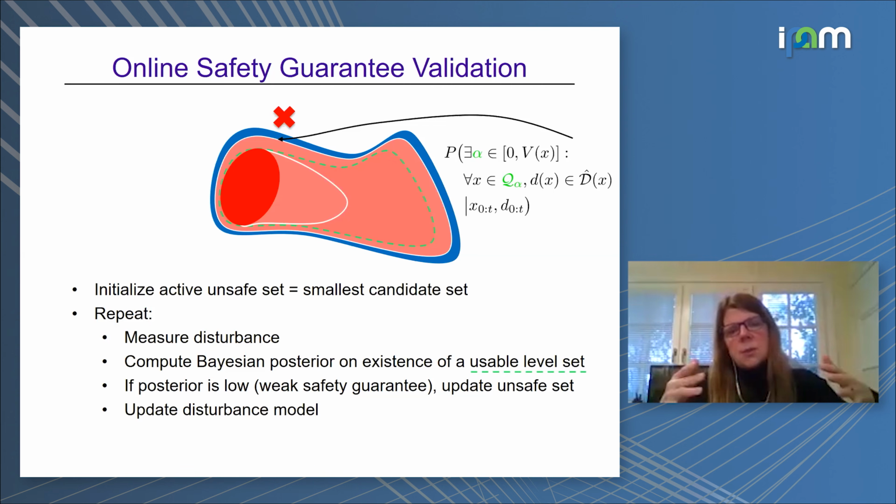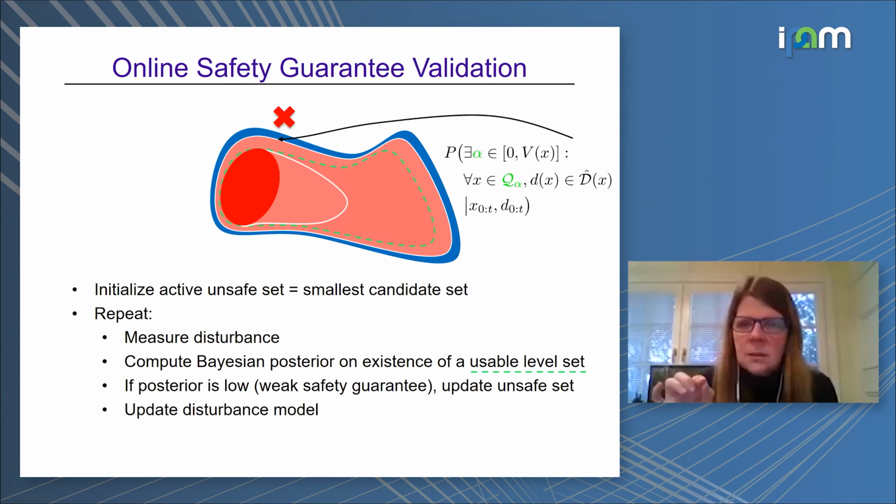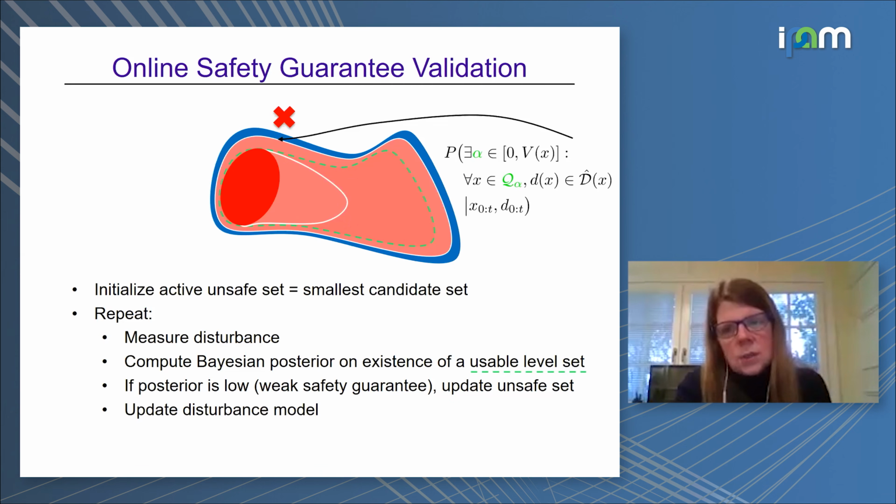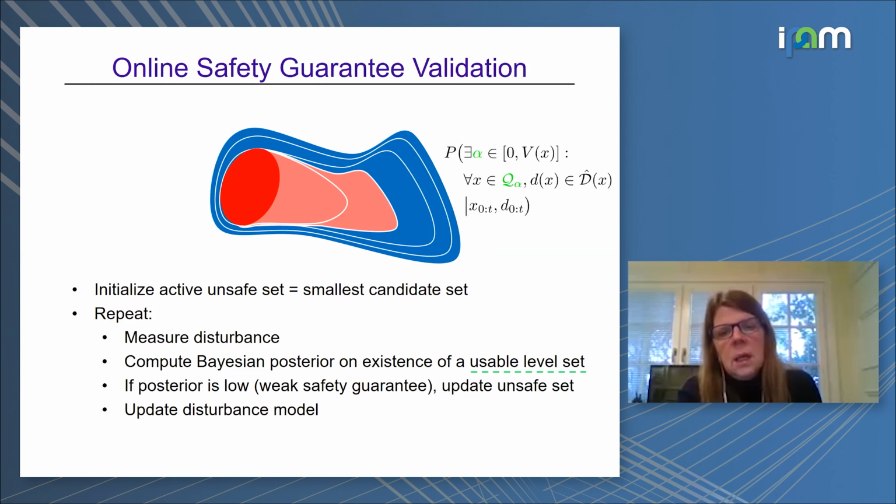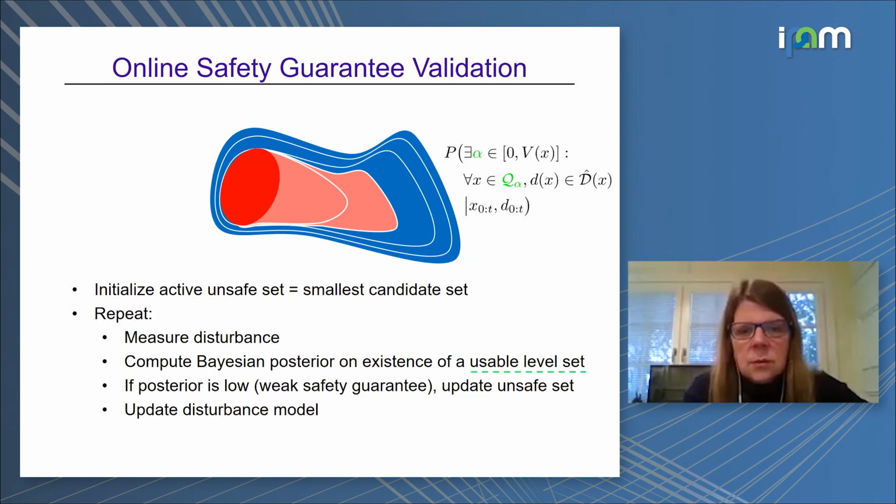So as the disturbance grows, if we use the level set from the Hamilton-Jacobi calculation that corresponds to the disturbance that we're measuring at that instant, then we can maintain safety. And over time, the question of how to update these sets reliably, so that you're shrinking it in a way that's reliable, is interesting. But over time, you might expect that as you learn more about the disturbances in the system, you actually become less conservative.